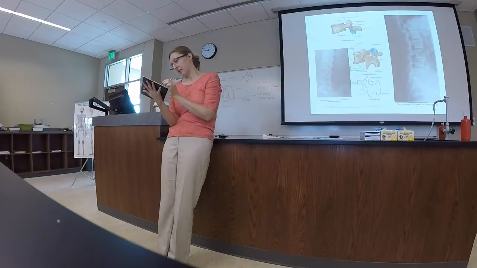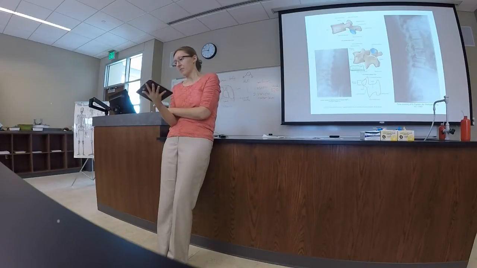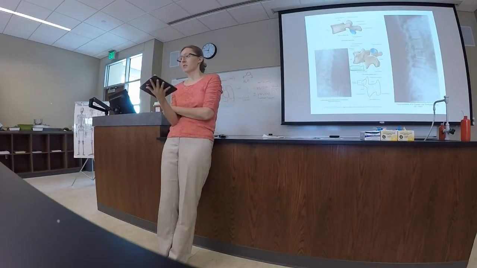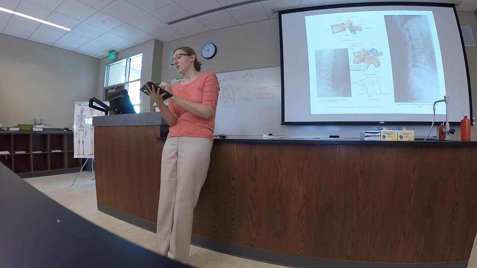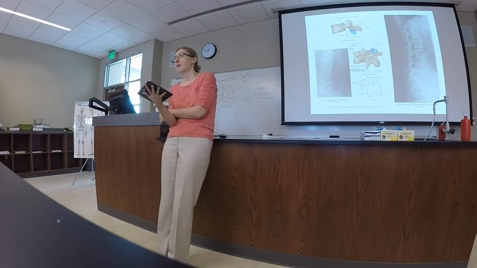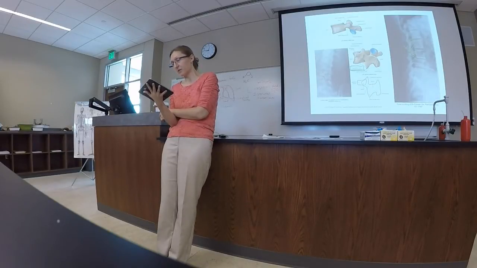And you see here, here's a normal vertebra right here. You can see the vertebral body, a nice solid vertebral arch coming posterior from it. But on the vertebra below, we have the vertebral body, but here's the fracture, the pars interarticularis fracture.